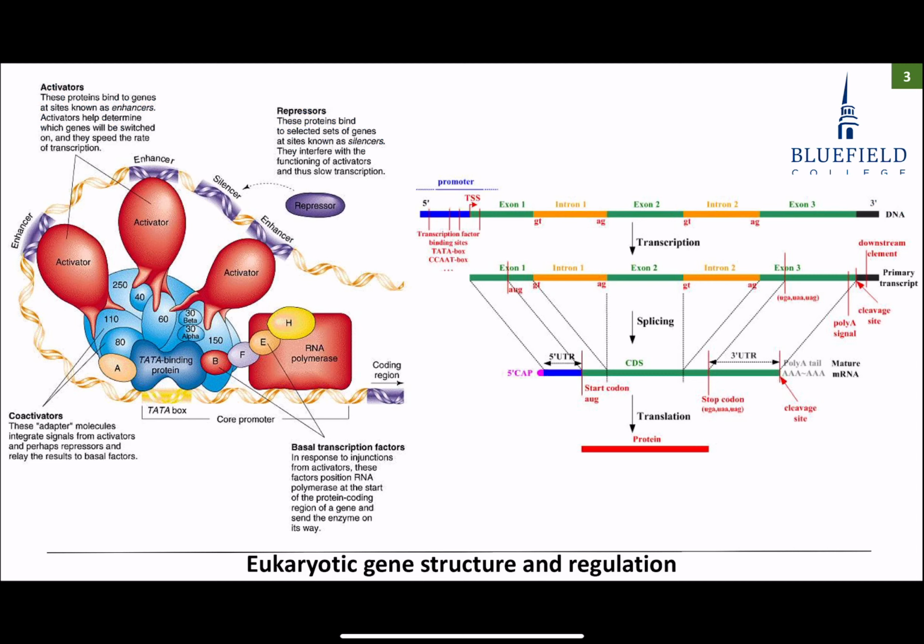They interact with TATA binding protein, with basal transcription factors, as well as activators and repressors, and the composition, the repertoire of these proteins of the complex is quite dynamic, and that allows to regulate gene expression in a very fine-tuned way.